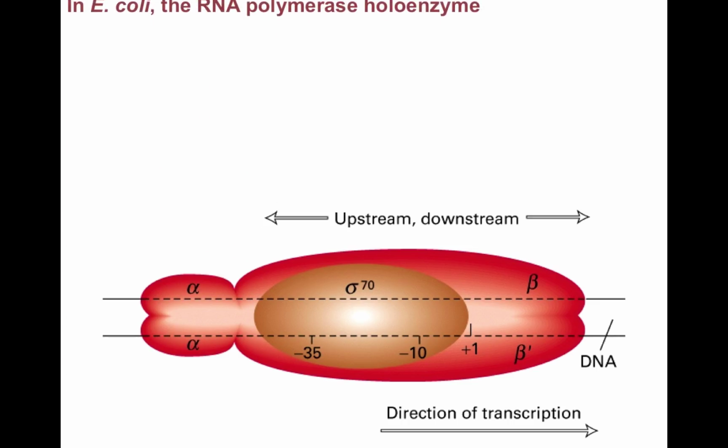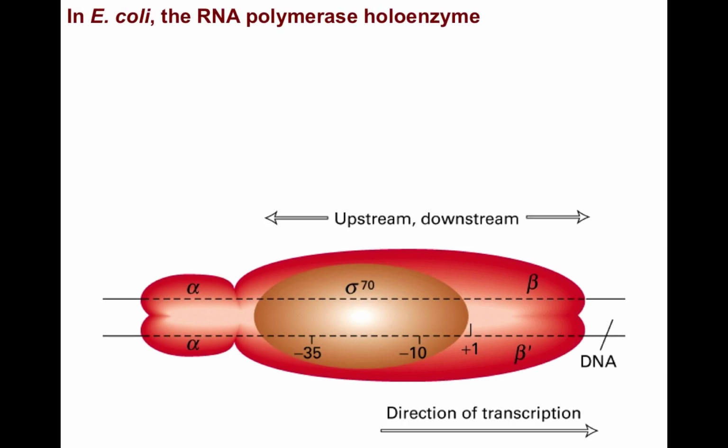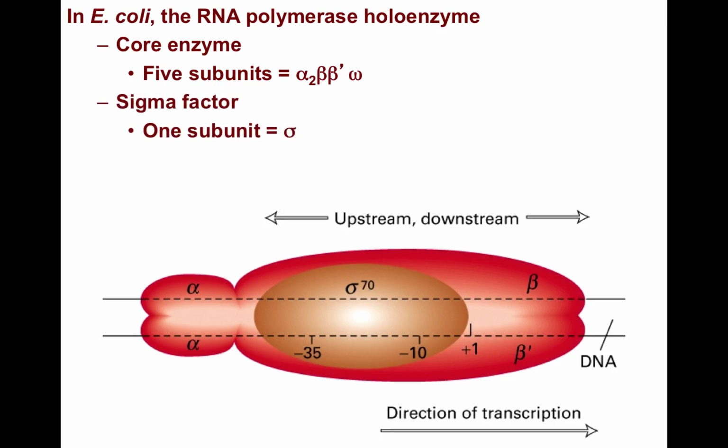Okay, let's look at RNA polymerase. In E. coli, the holoenzyme, that means the enzyme with all its subunits attached to it, consists of a core enzyme plus sigma factor.